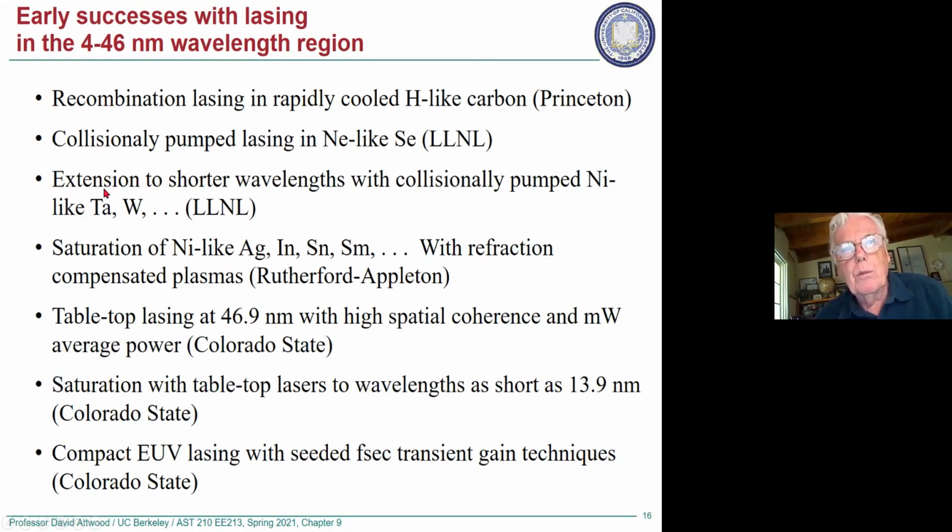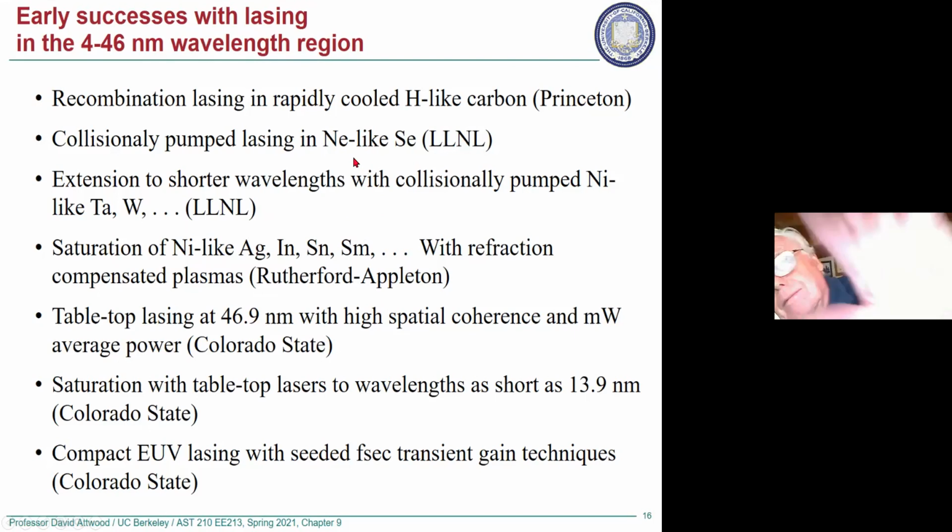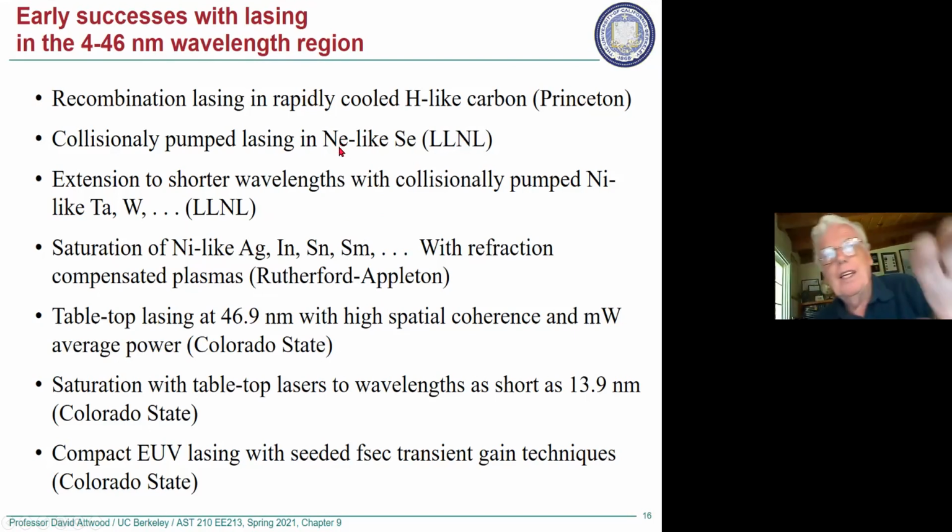Later, the Lawrence Livermore team, and this was around 18 nanometers. These were around 20 nanometers, okay? So definitely EUV. Later, at Lawrence Livermore, they went from neon-like to nickel-like.